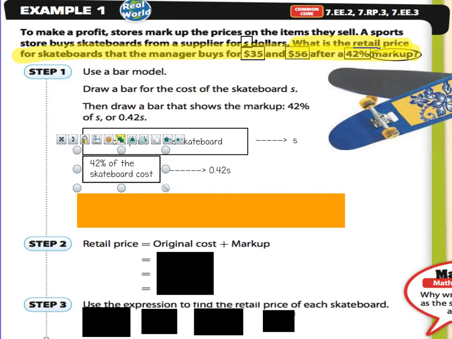Let's fill this whole thing here. Let's make it green. Green's fun. There we go.